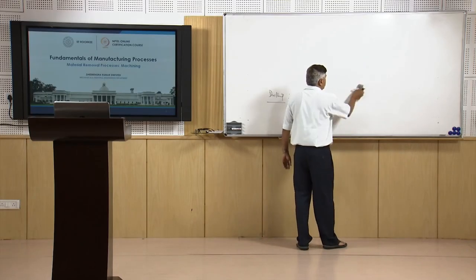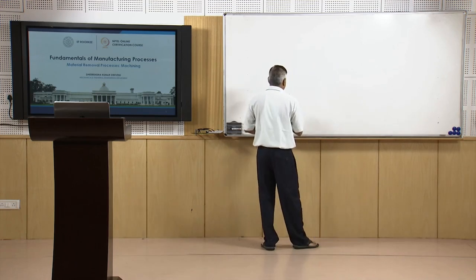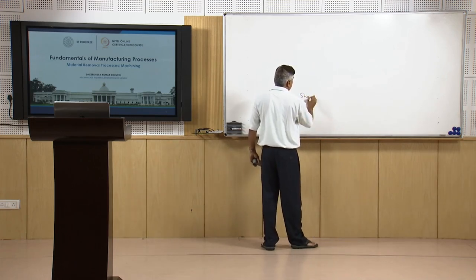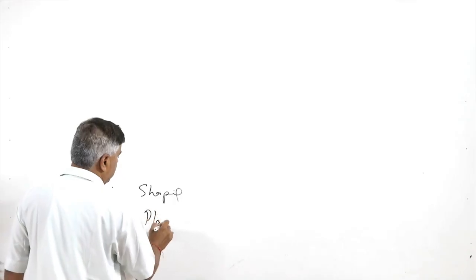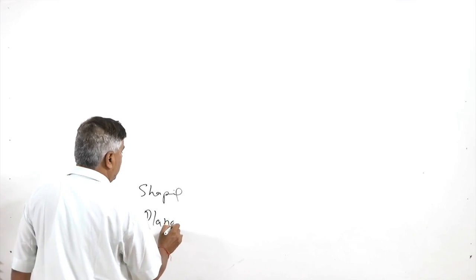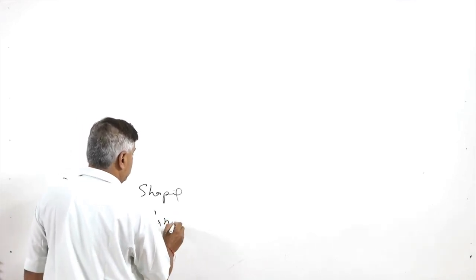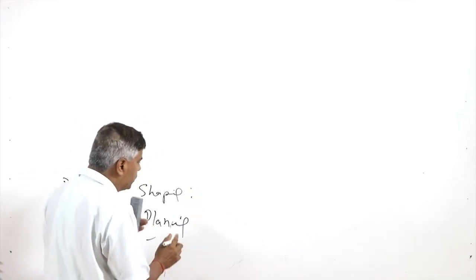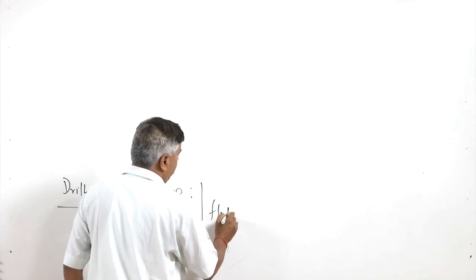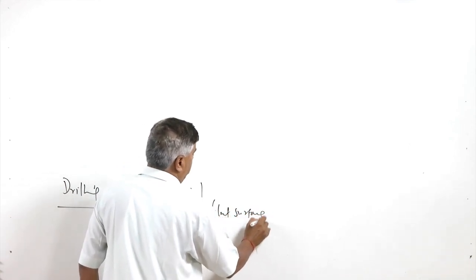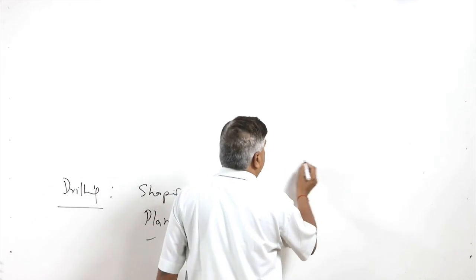Now, there are two processes, shaping and planing. Both are used for producing flat surfaces, with a difference.